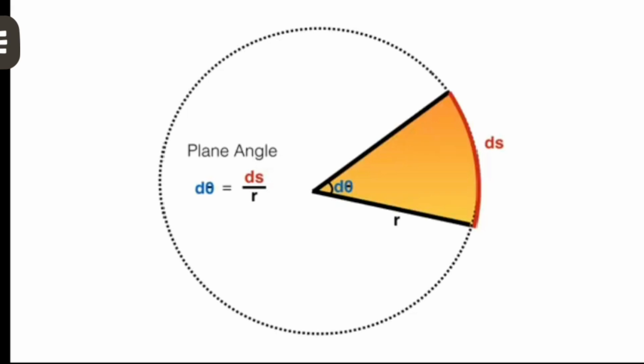If ds is equal to 1 and r is equal to 1, then the arc length is equal to the radius, and the angle subtended is 1 radian. d theta is equal to 1 radian.